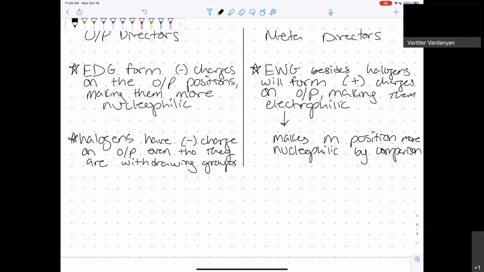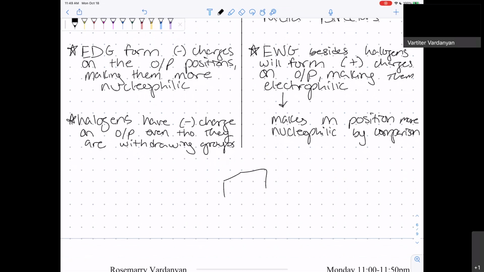So when you're doing resonance, we're going to start with the extra electron, like the lone pair. And that's going to make a double bond attached to it. And then the adjacent carbon gets the charge. So let's say we have this.